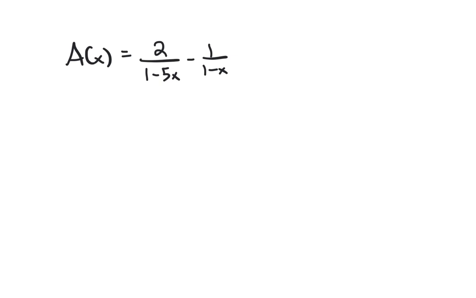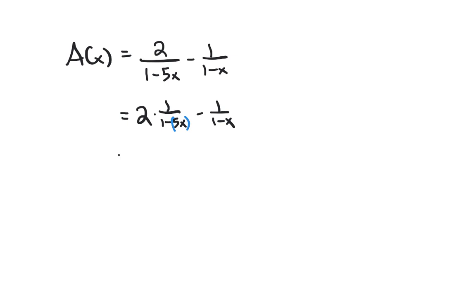So here's our formula for a generating series that we simplified using partial fractions. Remember, these are indeed power series. So I'll take that 2 to the outside. So we get 2 times 1 over 1 minus 5x minus 1 over 1 minus x. And here I can think of 5x as my variable, and of course x is my variable in the second one.